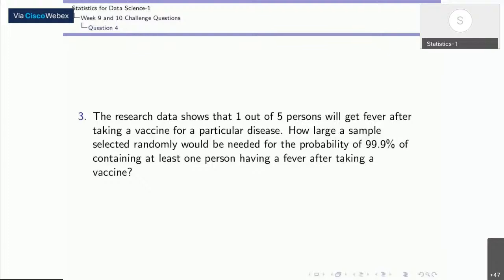One more thing: this is the binomial distribution experiment. I'm telling you, don't confuse it with another distribution.